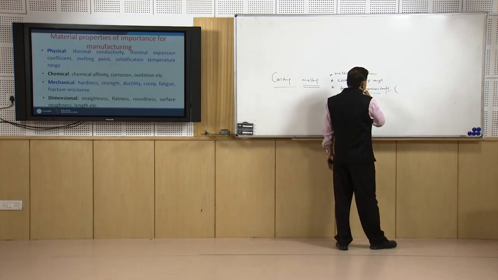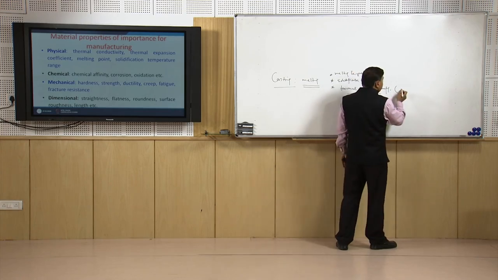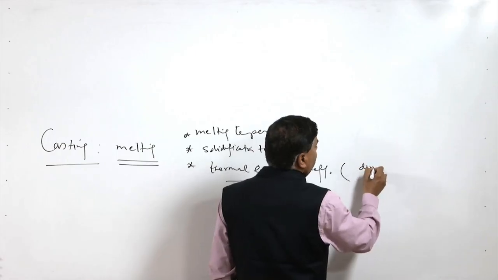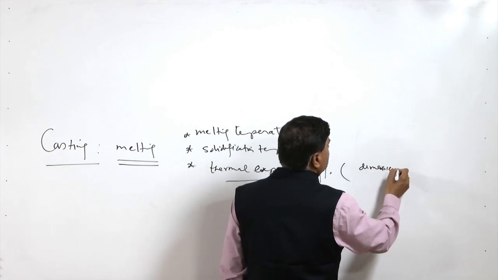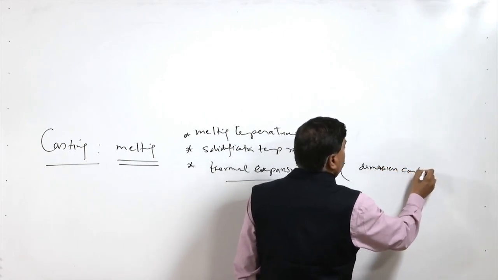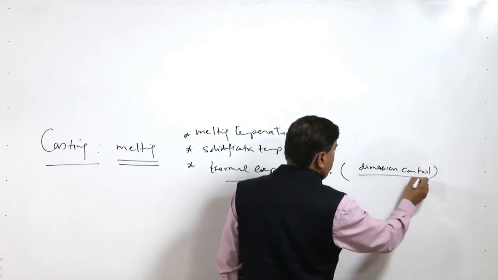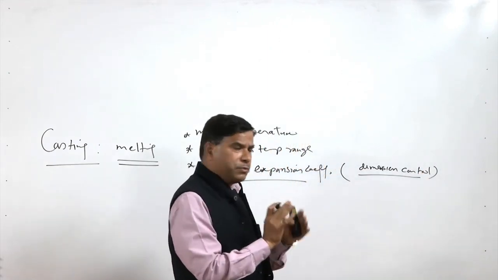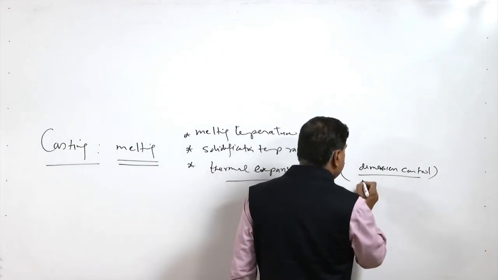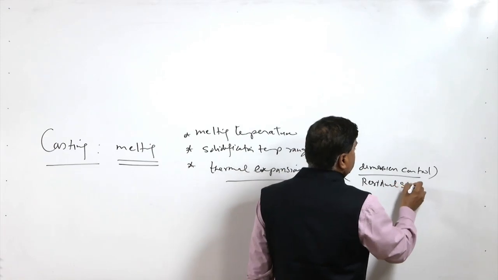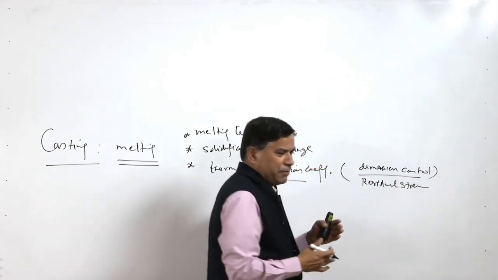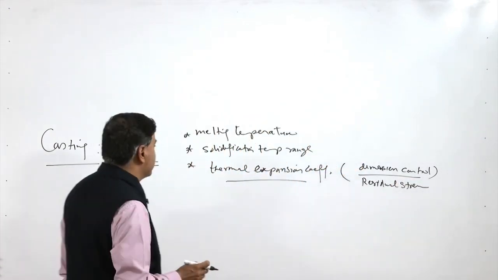A high thermal expansion coefficient will cause the problem of dimensional control due to the shrinkage. This is one, and excessive shrinkage, under certain conditions, will lead to the development of residual stresses also. So, increased residual stresses will create the problem of distortion as well as cracking tendency.